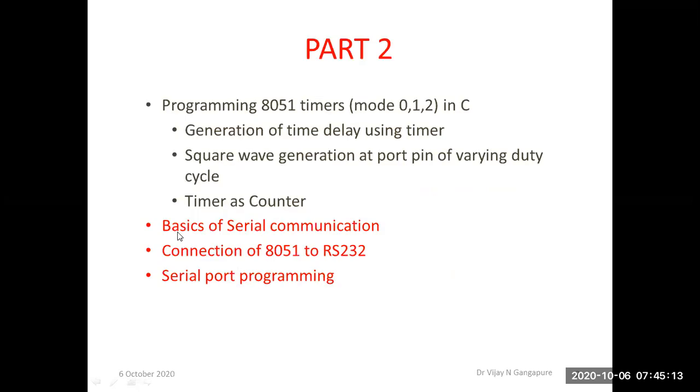First we will study the basics of serial communication, then how to connect the 8051 serial port to the RS-232 port, which is connected to serial devices. That is a serial communication standard, RS-232, that we will study. And then the last part is we will program the serial port of the 8051 for serial transmission and reception.